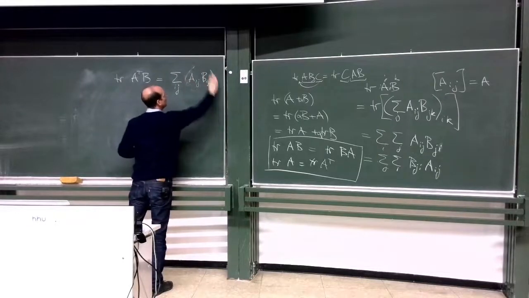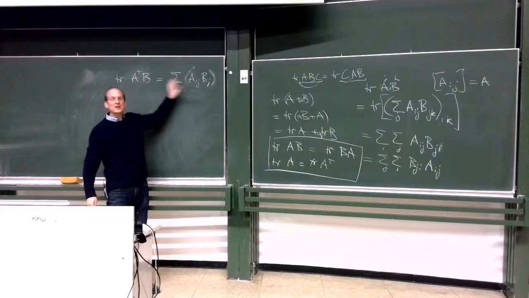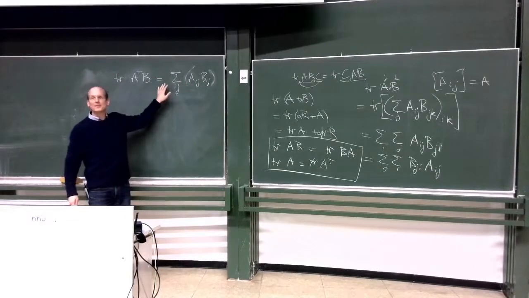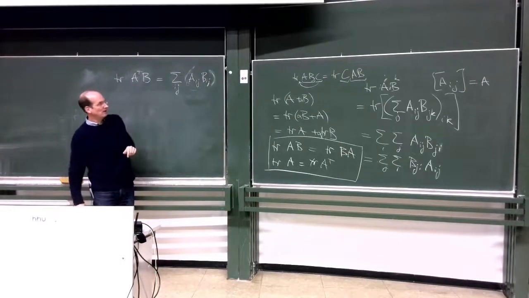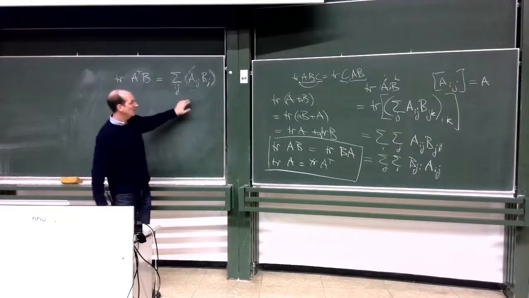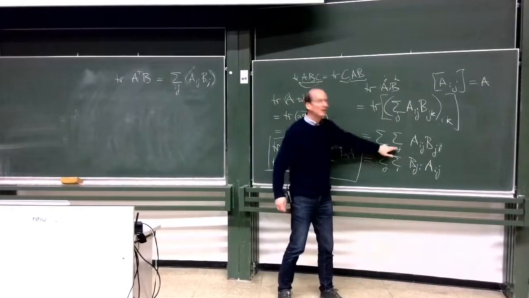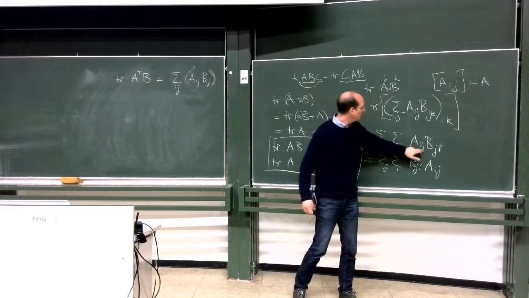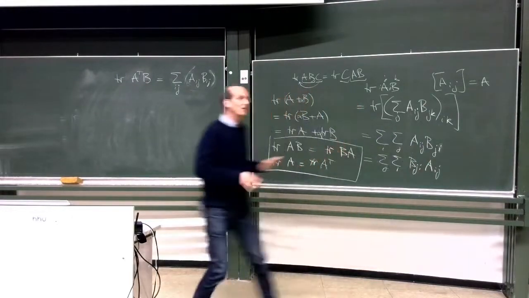No brackets here. So these are the products of each entry, and we're summing them all up. However, this is exactly what we computed over there. So the summation over ij is exactly this summation here. Then we have here the entries ij, and here we have ji. So it's slightly wrong.